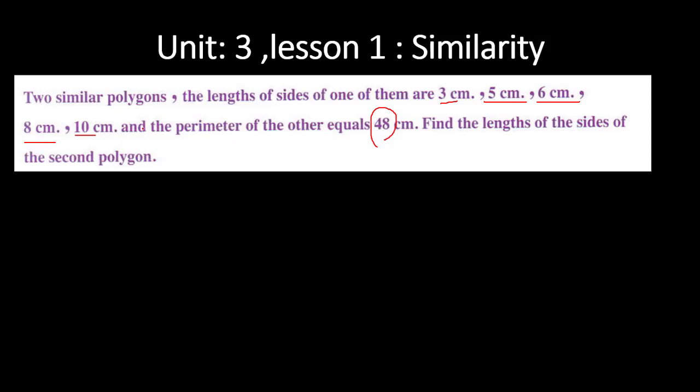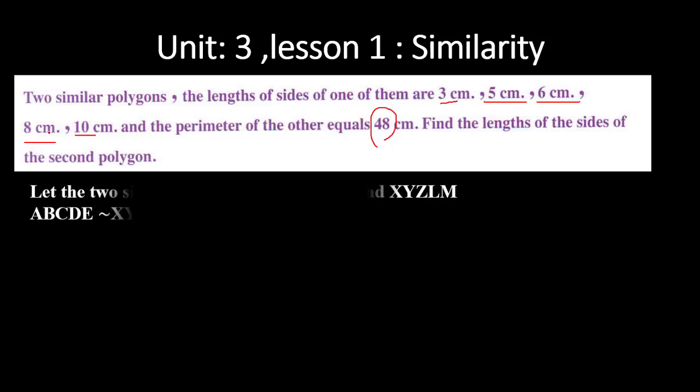We said the ratio between perimeters equals the ratio between sides. Do you remember? Here we can calculate the perimeter of the first one by adding the side lengths: 3 plus 5 plus 6 plus 8 plus 10. 3 plus 5 equals 8, plus 6 is 14, plus 10 is 24, plus 8 is 32.